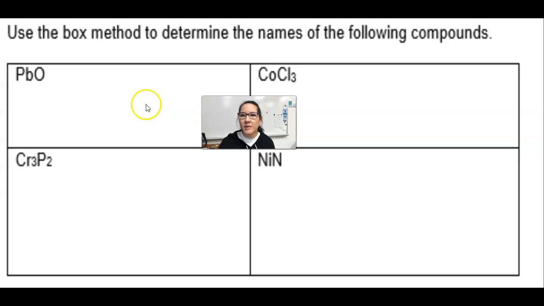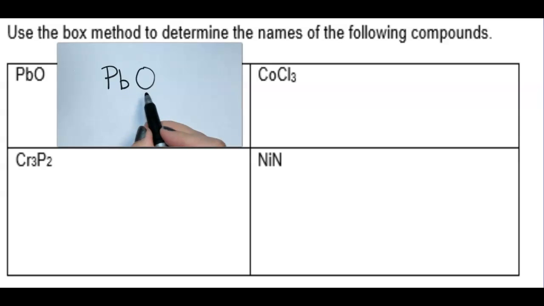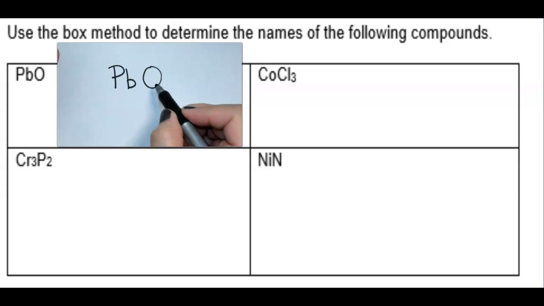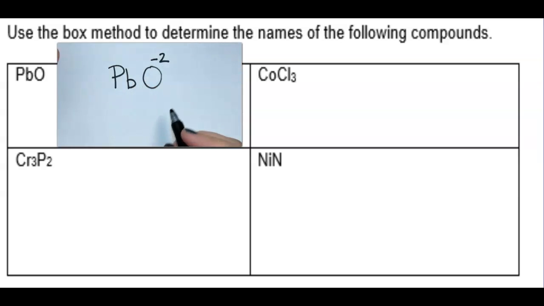Now use the box method to figure out the Roman numeral that goes with each of these transition metals and then write their names. Pause the video and then unpause to see the answers. For PbO, we're going to use the box method. First, what you know is your anion, oxide, from the periodic table has a charge of -2.